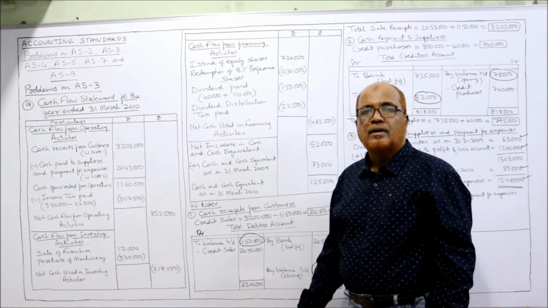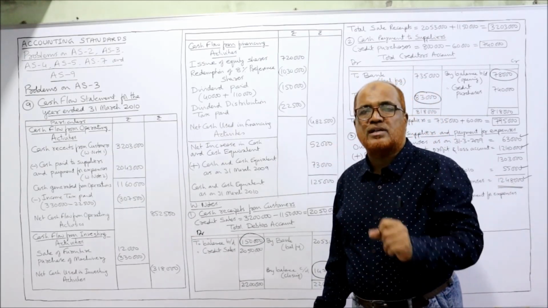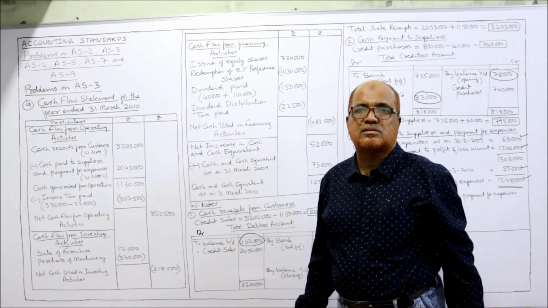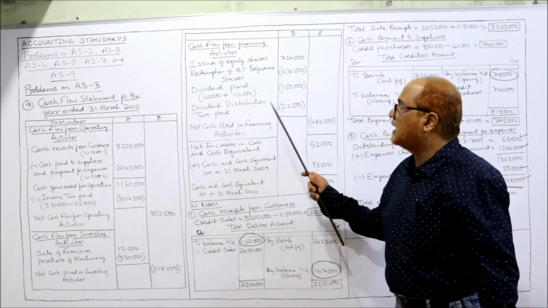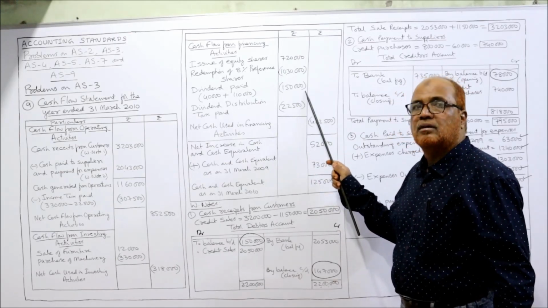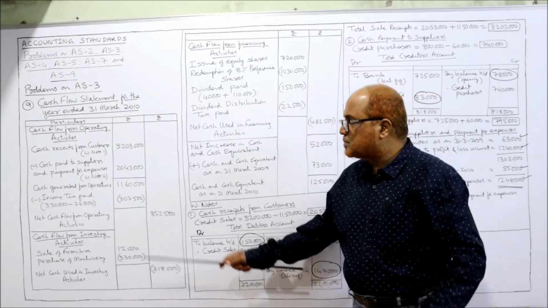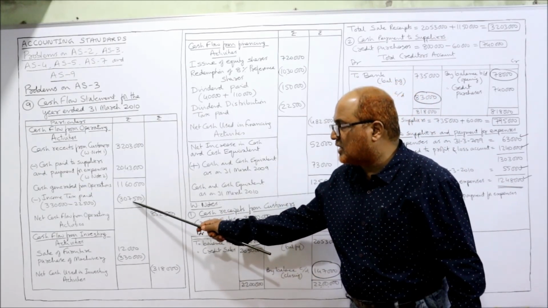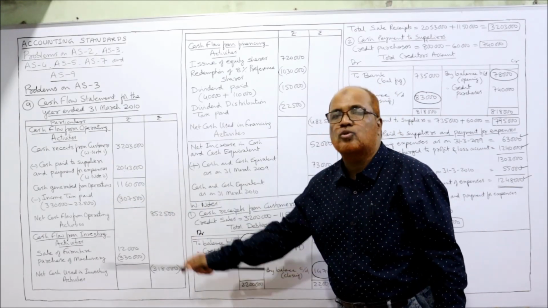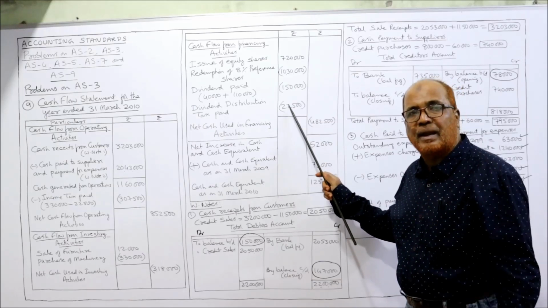Dividend paid. It is clearly given in the problem: 40,000 dividend paid on preference shares, 1,10,000 dividend paid on equity shares. So total dividend paid 1,50,000. Again outflow, put it in bracket. Dividend distribution tax. Income tax paid is 3,07,500 and dividend distribution tax paid is 22,500. So take 22,500 payment. So again in bracket.